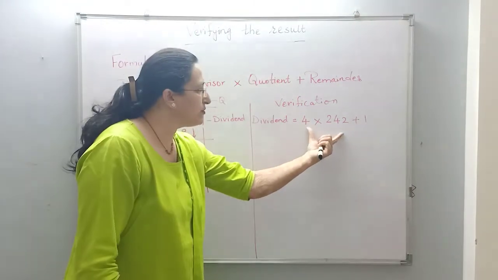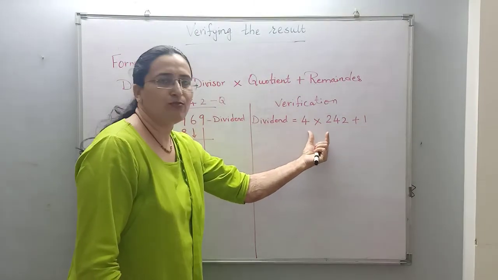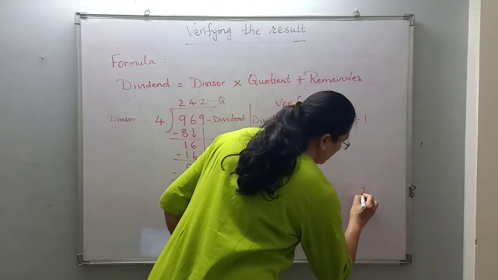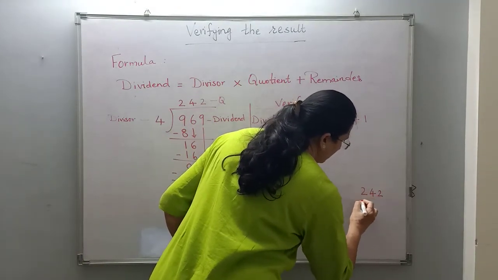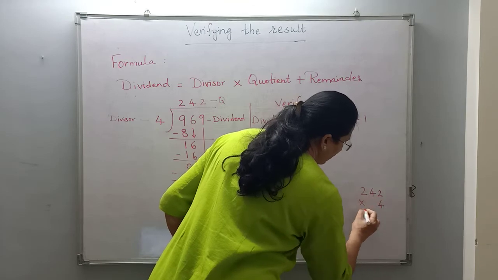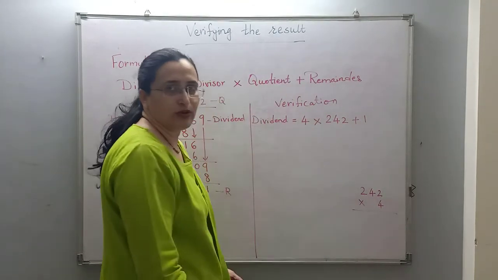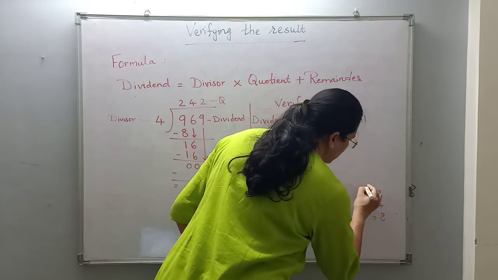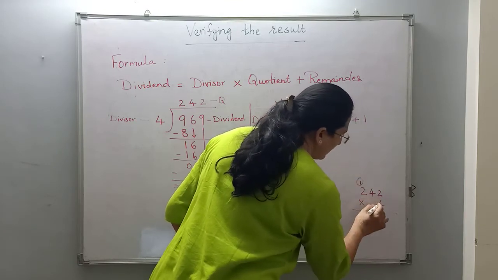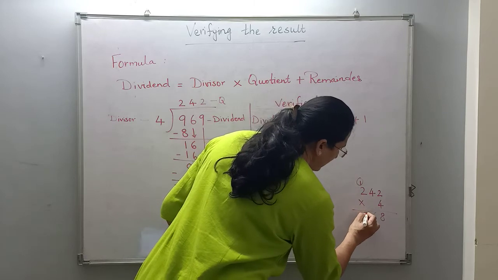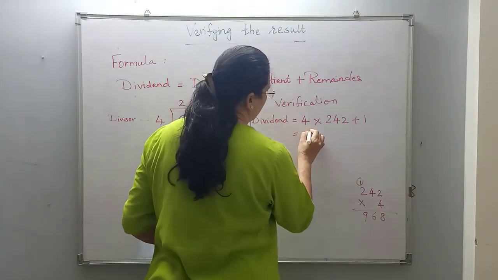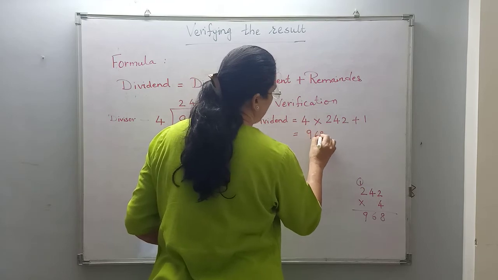Now first we have to multiply 242 by 4. So in the corner I am going to do this rough work. 242 multiplied by 4. So it is 4 twos are 8, 4 fours are 16, 1 carry over, 4 twos are 8 and 1 is 9. So the answer of our multiplication is 968.